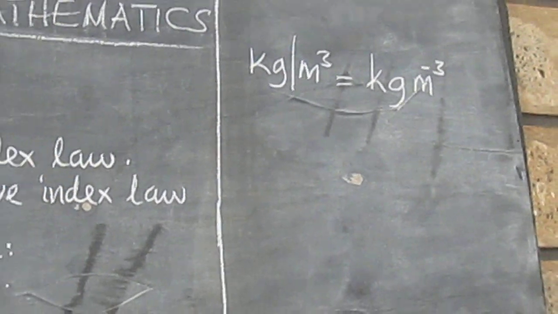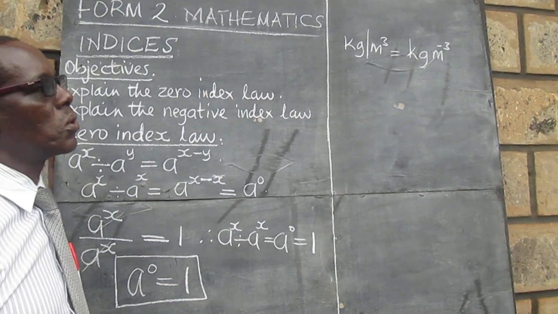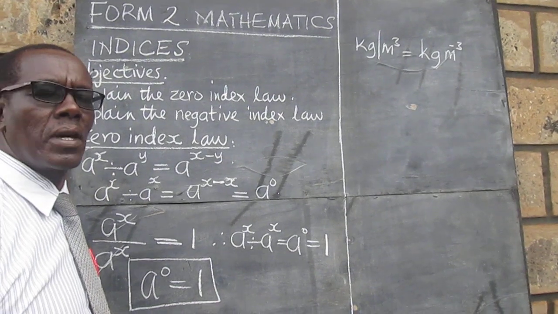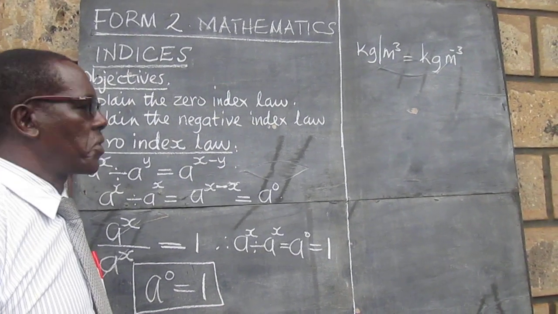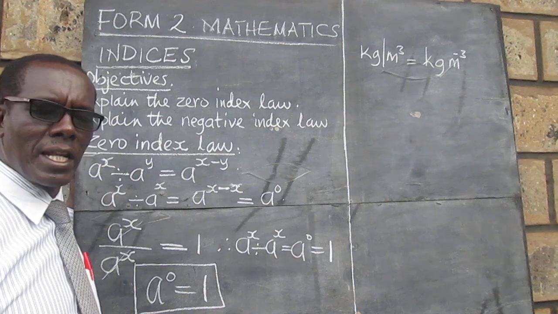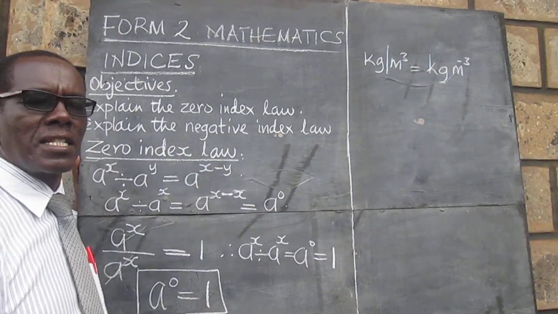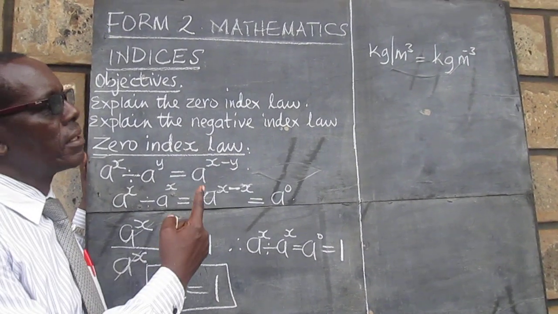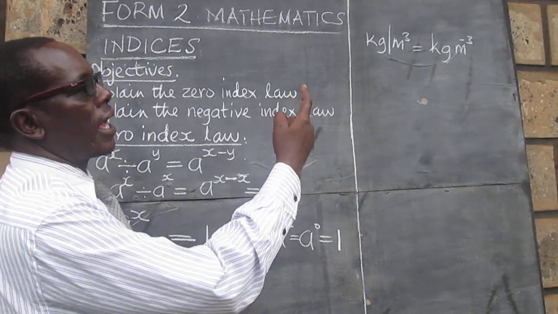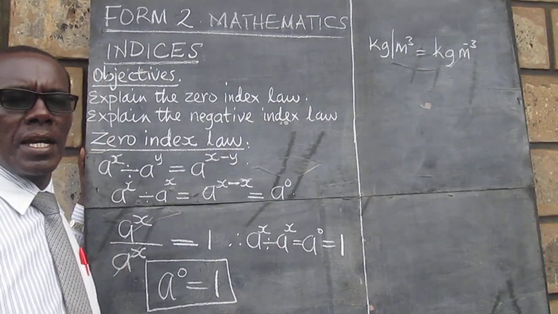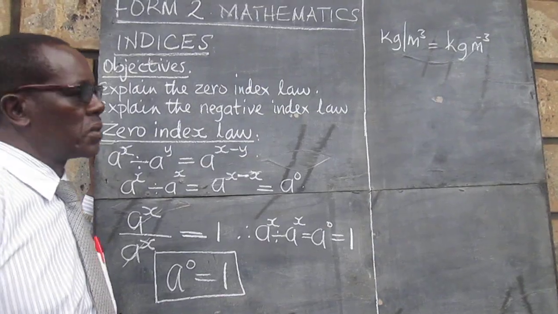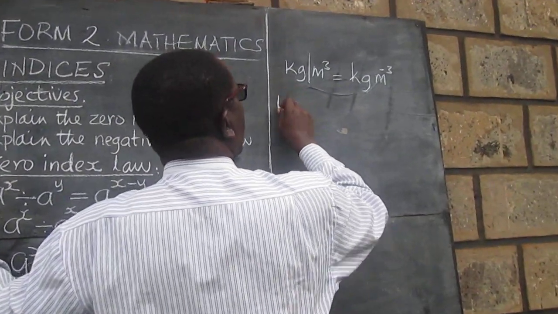You see, in this case, the m has been raised to a negative index. So the second objective in our lesson is to explain how we end up saying m raised to the power of negative 3, and that's what we call the negative index.